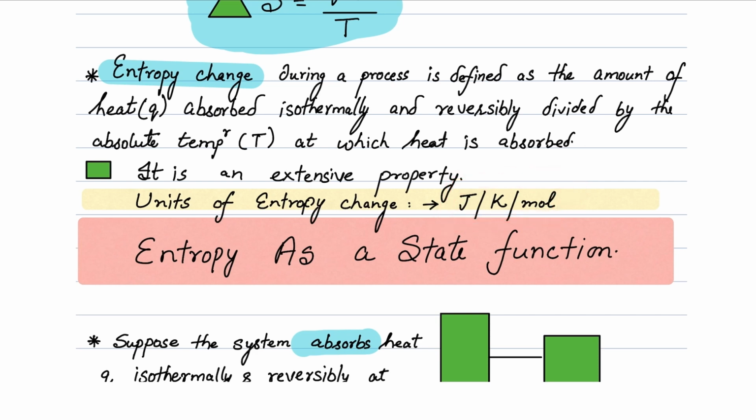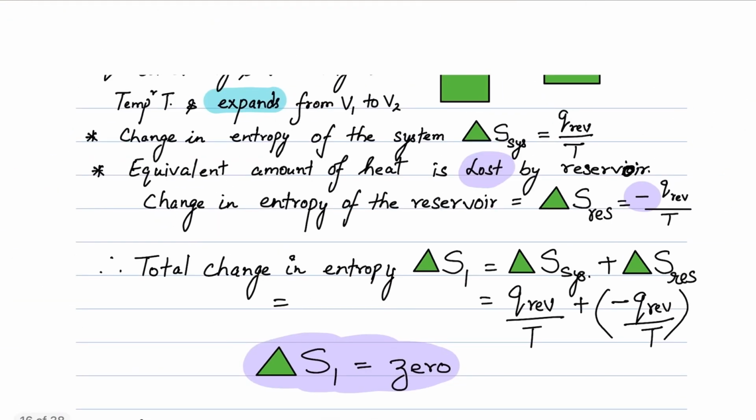Now let's derive an expression which shows that entropy is a state function. Suppose there is a system that absorbs heat isothermally and reversibly at any temperature T. We have a system and a reservoir here, and it is expanding from, let us say, V1 to V2.